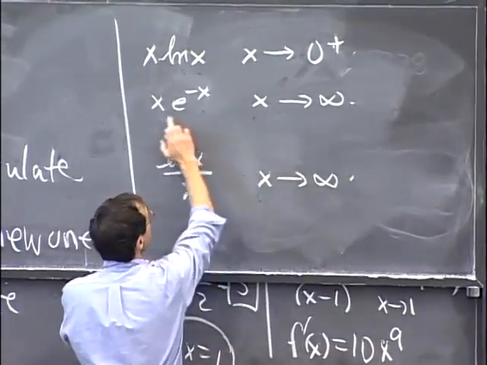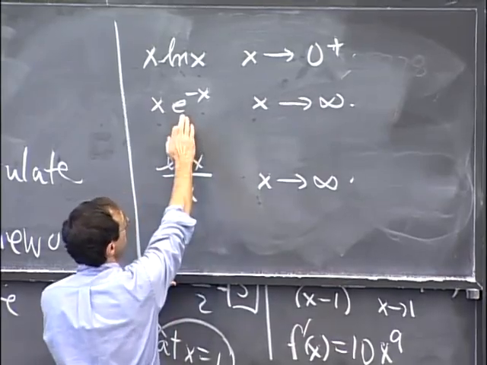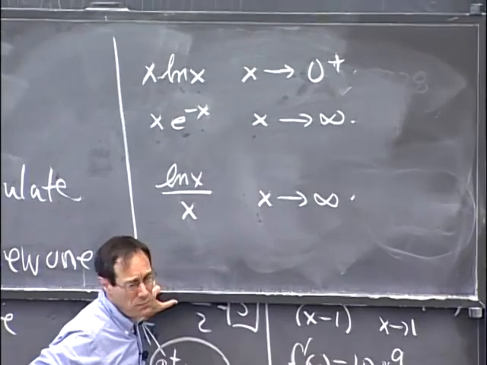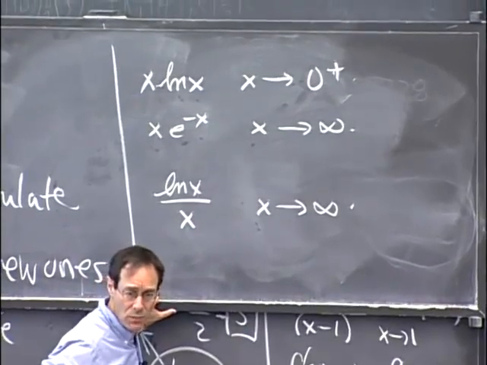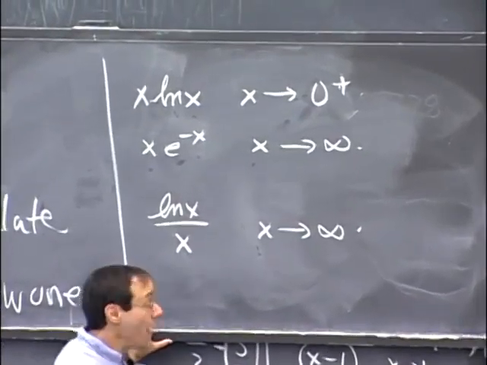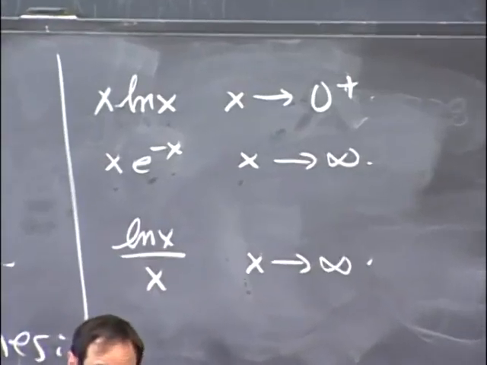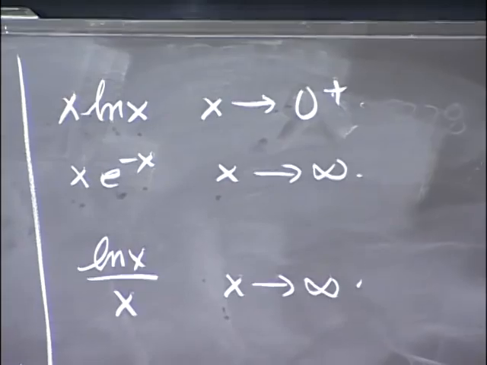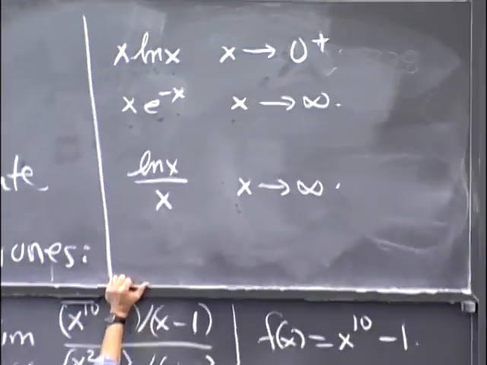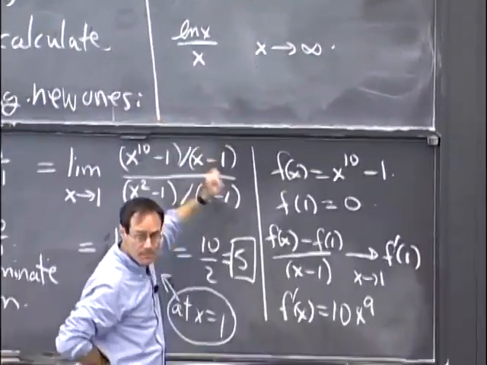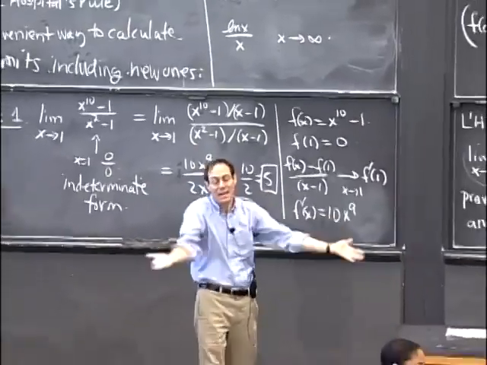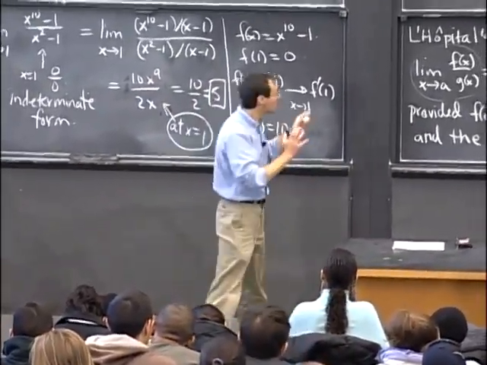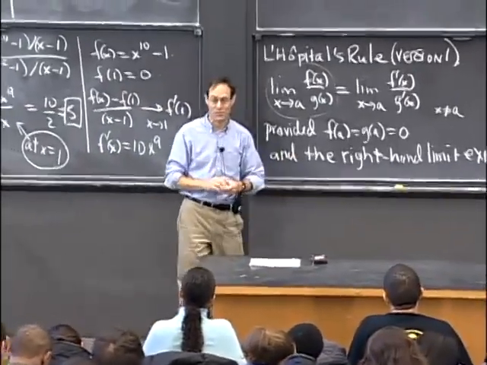Over here, as x goes to infinity, e to the minus x, if you like, is equal to 0 at infinity, if you want to say that it has a value. But in fact, these expressions don't necessarily have values at the ends. And nevertheless, the theorem applies. It's perfectly okay for it to exist. It's no problem. It just doesn't need to exist. It doesn't force it to exist.